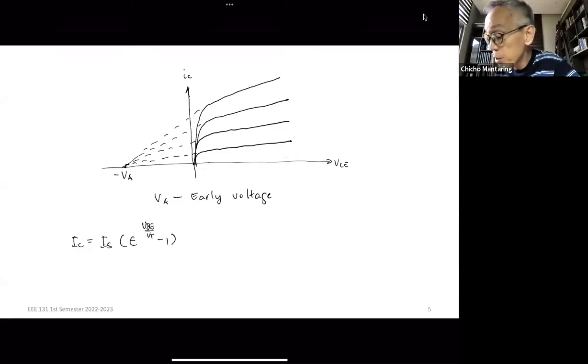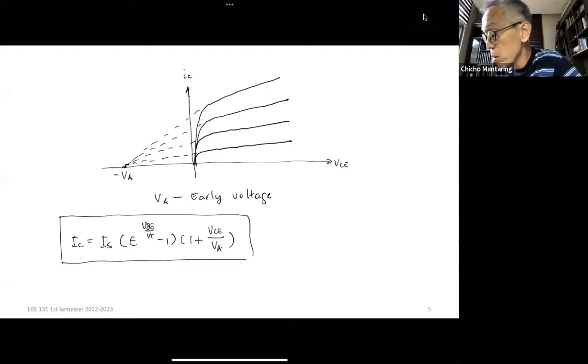And that factor is 1 plus VCE over V sub A. So this is now my new mathematical model for an NPN BJT in active mode.